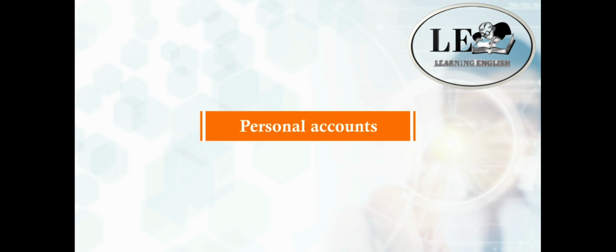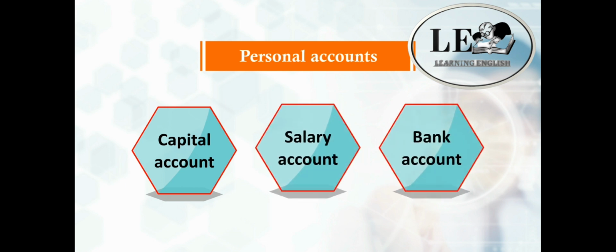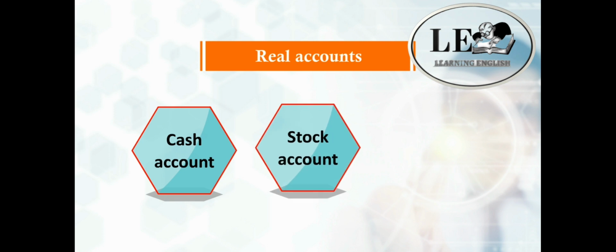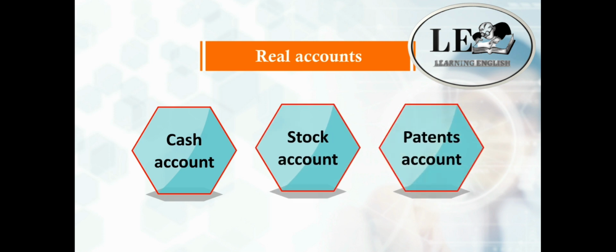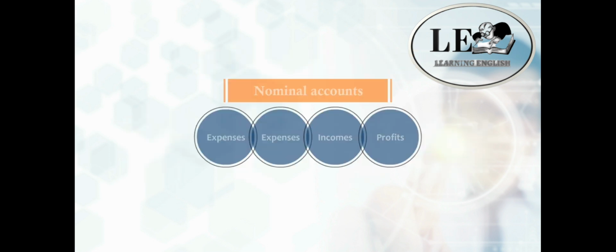Personal accounts are accounts that relate to persons, like capital account, salary account, bank account. Real accounts are accounts that consist of properties of the business, like cash account, stock account, patents account. Nominal accounts are accounts that consist of expenses, losses, incomes, and profits. The general ledger is a collection of all ledger accounts.